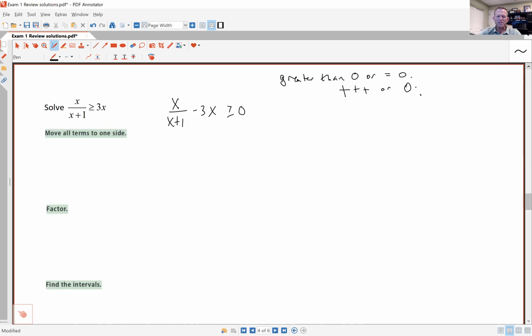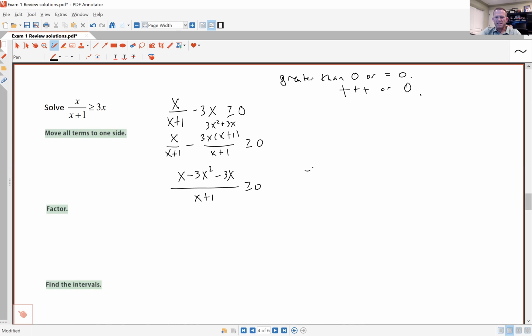And so we move all the terms to one side. We get a common denominator there of x plus 1, which gives us x minus 3x squared minus 3x when we distribute the minus sign across.